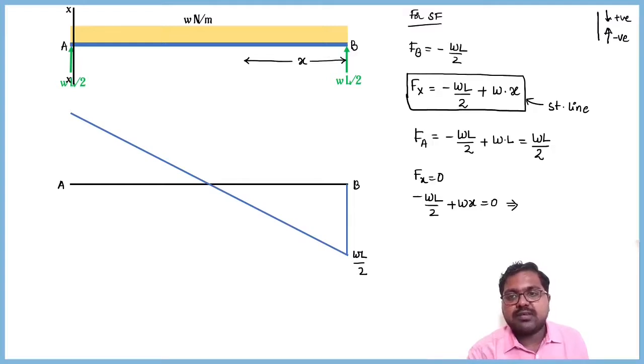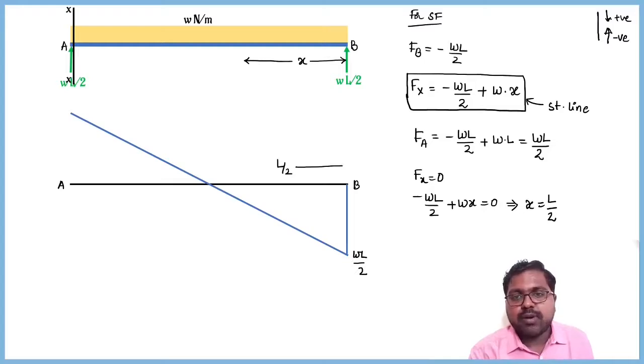From this we will get X equal to L by 2. So at a distance of X equal to L by 2 from B, the shear force is going to become 0. Then from here positive shear force happened and it came to WL by 2 here.